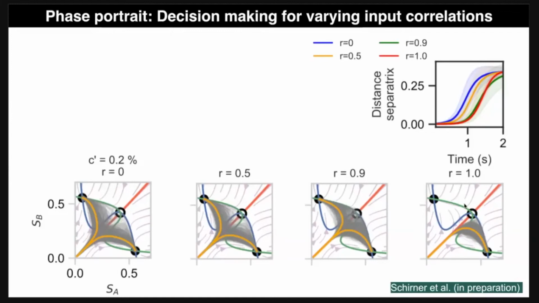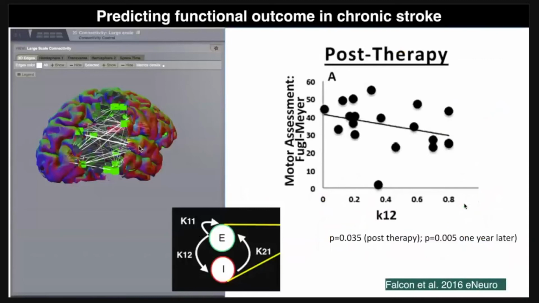So this was now for the healthy brain. And now I want to show you some examples of how we use brain network modeling also to understand the diseased brain. So this is an avatar from a stroke patient. These data come from our colleagues from Irvine. They now moved to Dallas, Anna Solotkin.